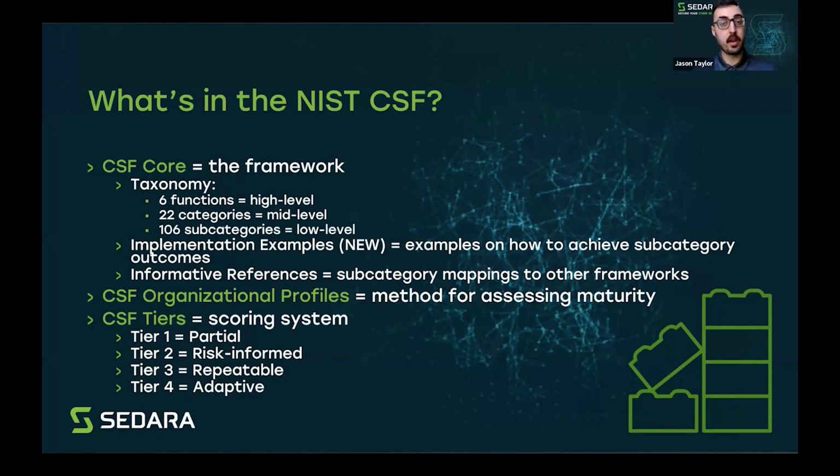As I mentioned, those are brand new, and they help organizations to understand how to actually achieve those outcomes that are defined in the functions, categories and subcategories. And also part of the core that's been in other versions of the NIST CSF are its mappings to other frameworks, including the CISA CPGs that we looked at in a previous slide. There's other parts of the NIST CSF, but for now, we'll keep it to focusing on just the CSF core and its hierarchy.